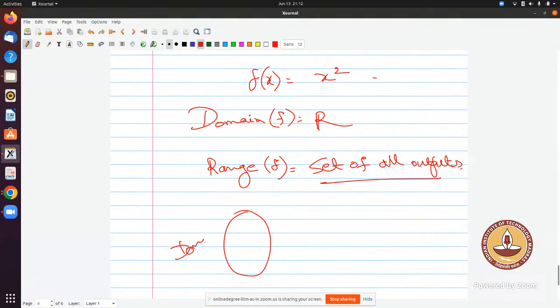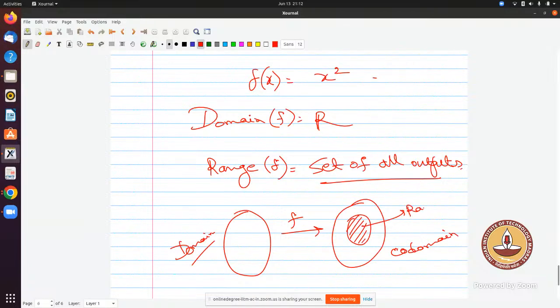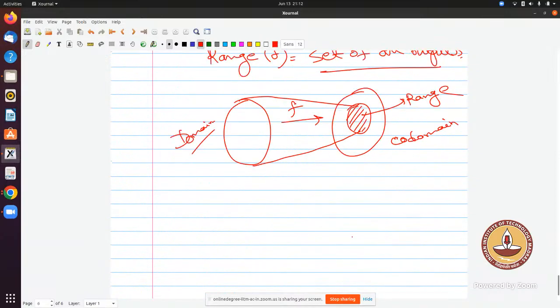If I draw that thematically, this is the domain, this is the codomain, the function works like this, and this is your set of outputs, your range. This is the diagram we are talking about.